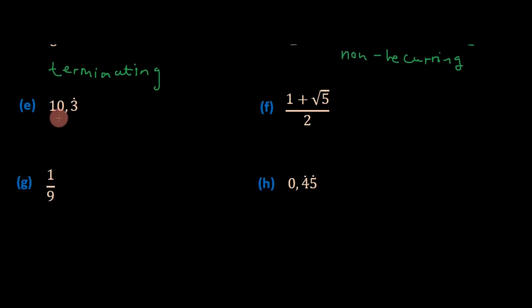Then 10.3 recurring. This is 10.3333, etc. So this is non-terminating. But in this case it's recurring. Then 1 plus the square root of 5, all divided by 2.